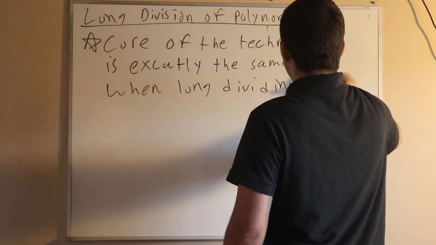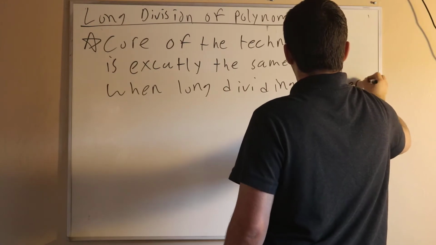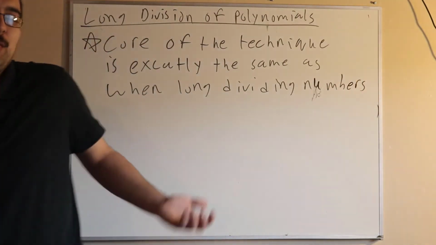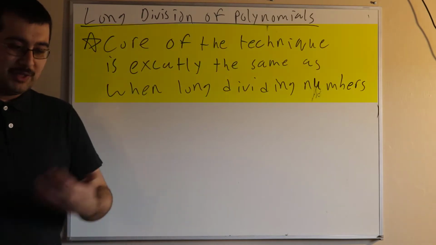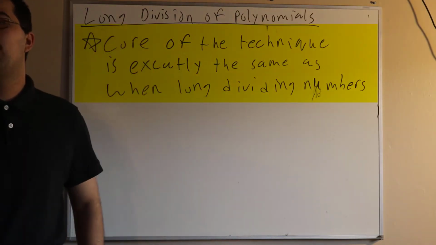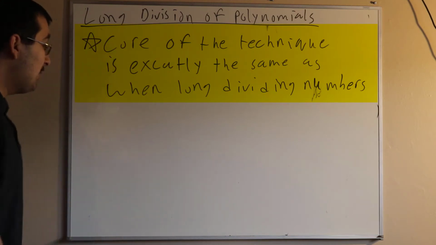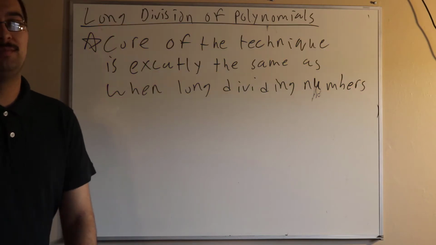And so that's pretty nice, because what it means for us is we don't have to bother learning a whole new technique. It's basically taking this technique that we learned a long time ago and are familiar with, and just transitioning it to a new type of problem. So, that's pretty nice. Why don't we go ahead and jump straight to an example then?